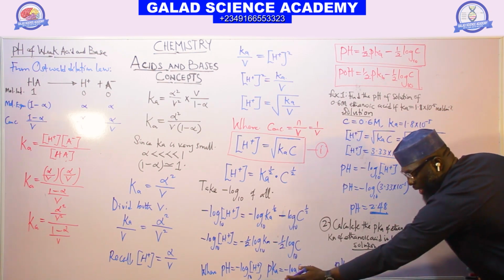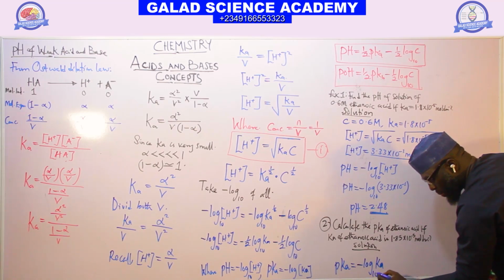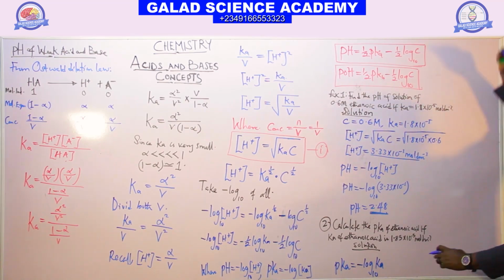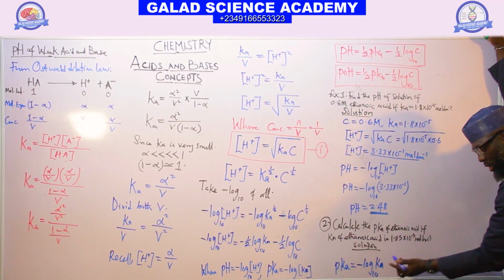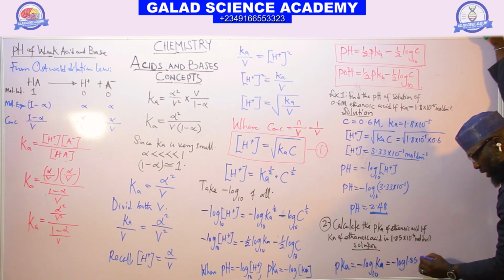Using pKa, we have pKa equals minus logarithm of Ka to base 10. Ka given here is 1.85 times 10 raised to the power minus 5.